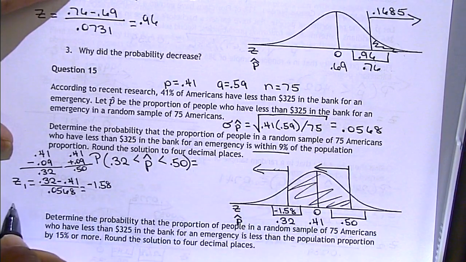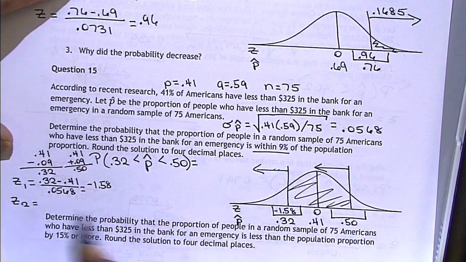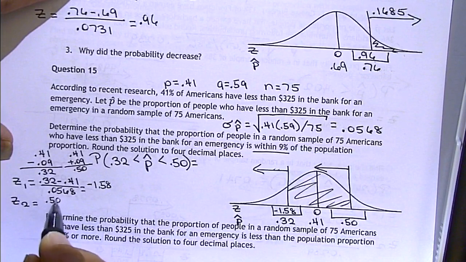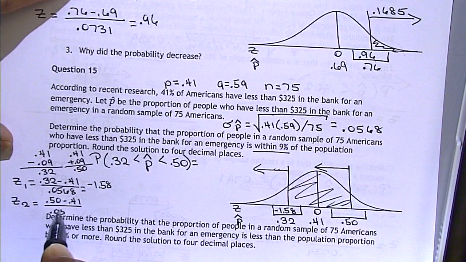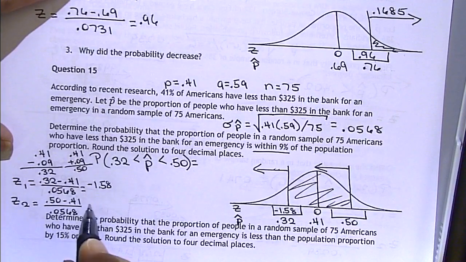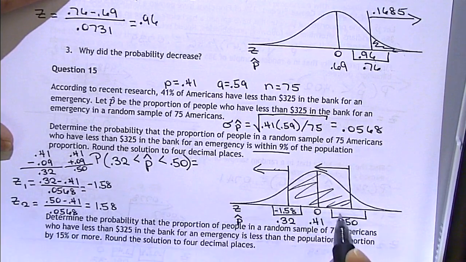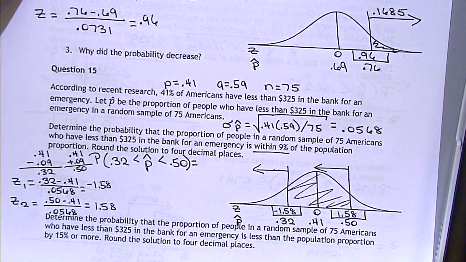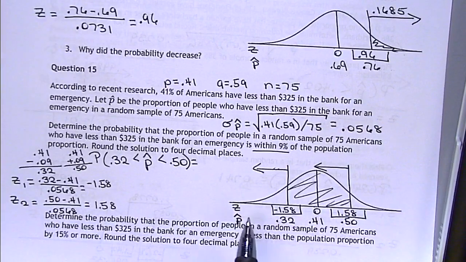And I'll say z2. That's going to be this other one, 0.5 minus 0.41 divided by 0.0568. Same thing, right? And I get 1.58. Well, okay, if I had been thinking, I wouldn't have had to do that calculation, right? They're both within certain numbers. They're equal distance from the mean. I do have to look them both up. There's no shortcut for that.